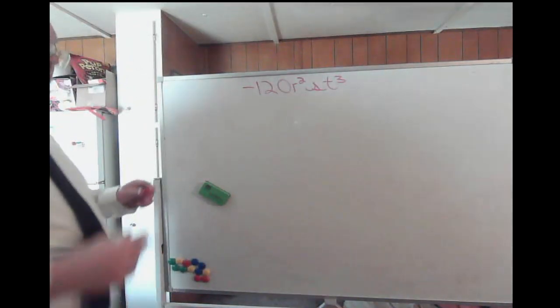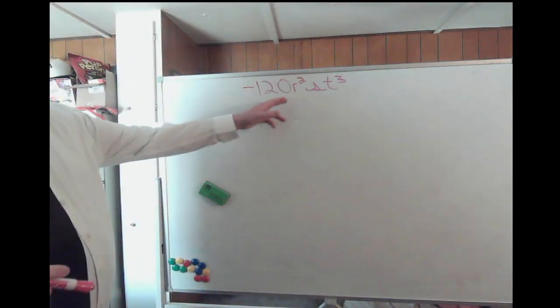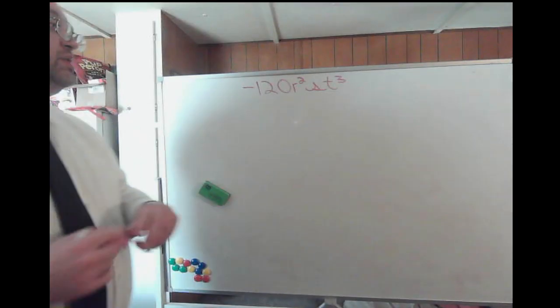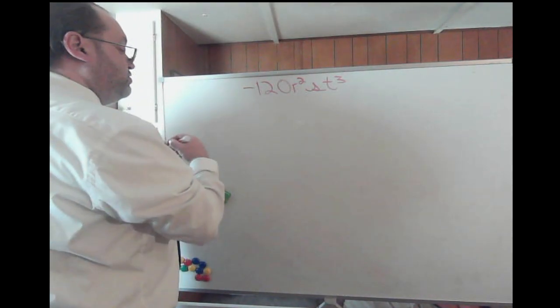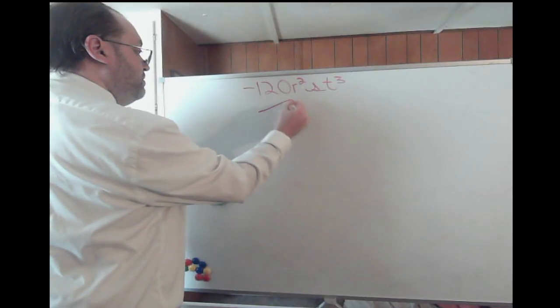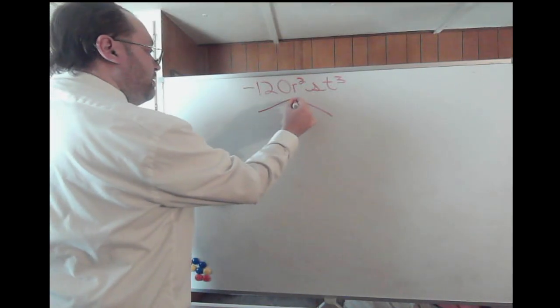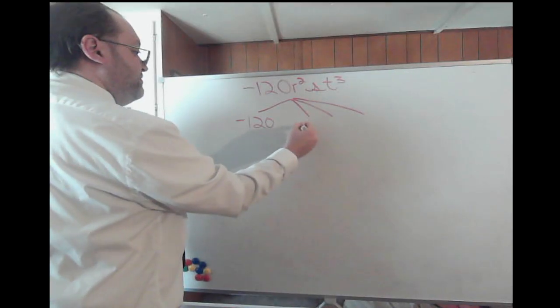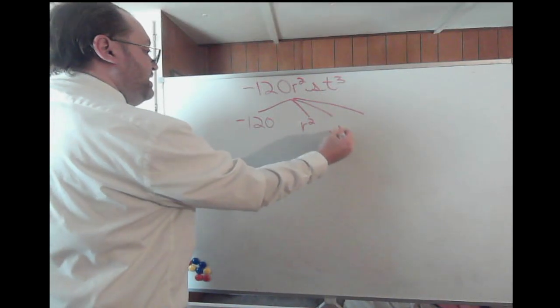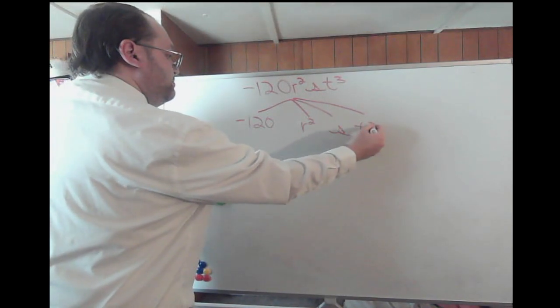Yeah, that one looks like a doozy. That tells us we have 4 things we're multiplying: negative 120, r squared, s, and t cubed.